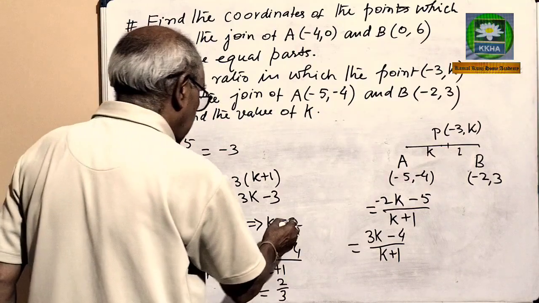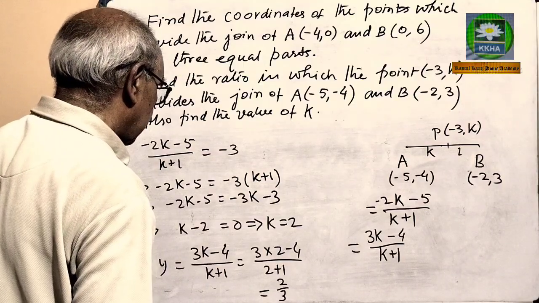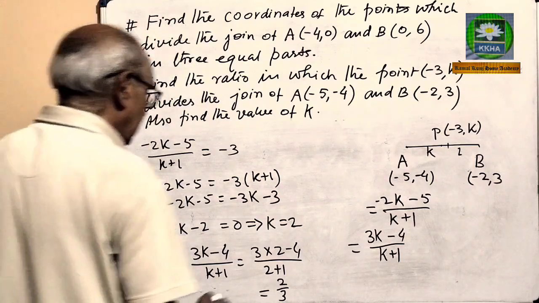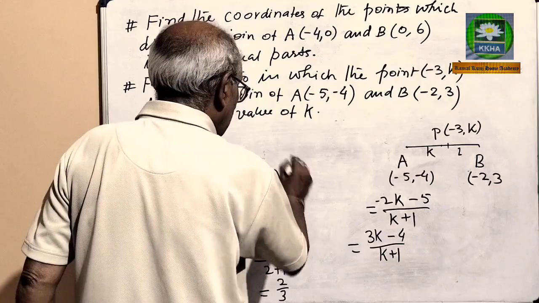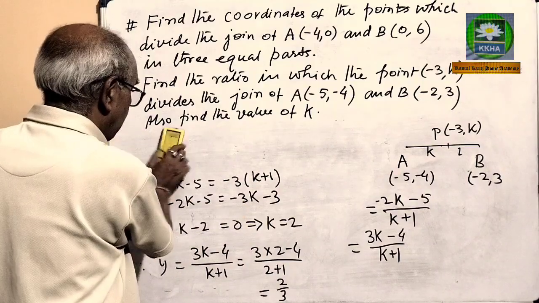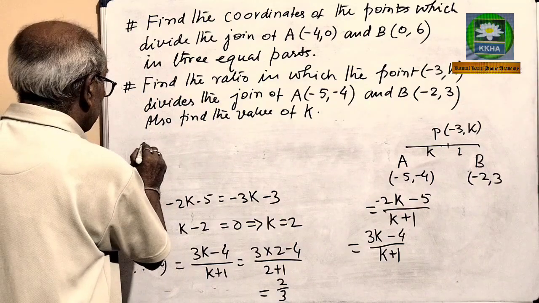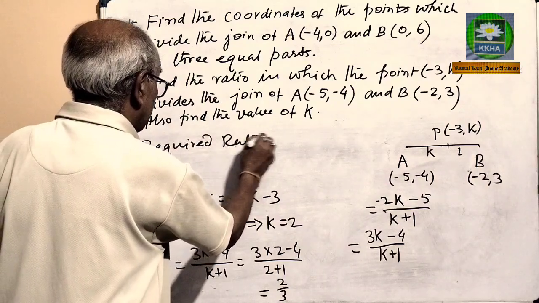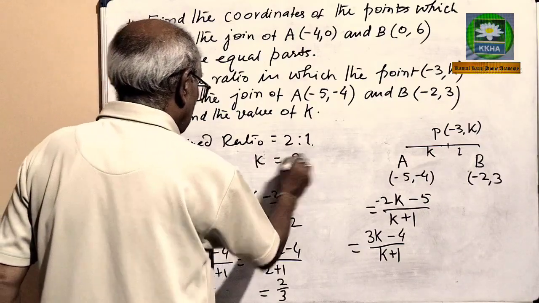So value of k will be 2. So the required ratio will be 2:1 and k equal to 2.